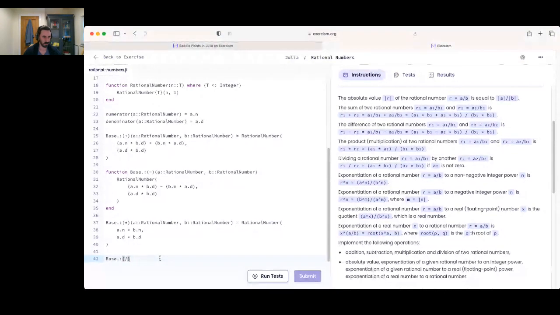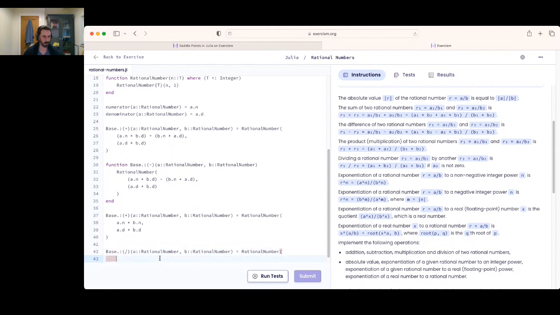Division, we have A is a rational number, B is a rational number, and that's going to be all a rational number. And division, this is where I go back to high school maths, is essentially just crisscross multiplication.